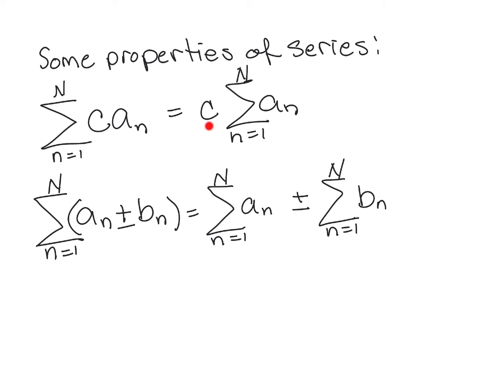I can undistribute the c and just work with my series, find that sum, and then multiply the sum by the constant. If I have two separate functions that are being added or subtracted, I can sum each series and then add or subtract at the end.